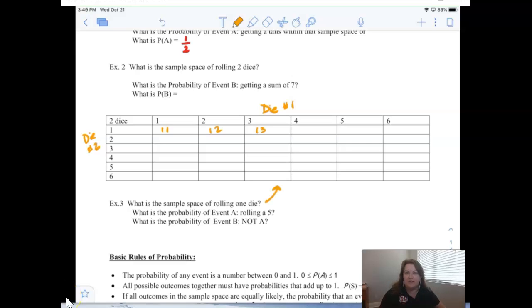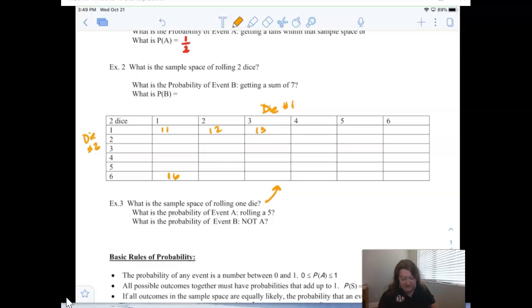All right, so their question is, what is the probability of event B, which is getting a sum of 7 from rolling 2 dice? So they call it probability of B, capital P, and then the event B. So I'd have to look through all of these and look at all the different ways that I could get a total sum of 7. I don't think I can do it with a 1. A 1 and a 6 would do it, right?